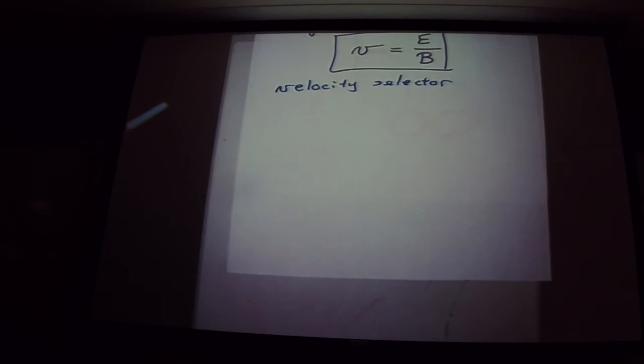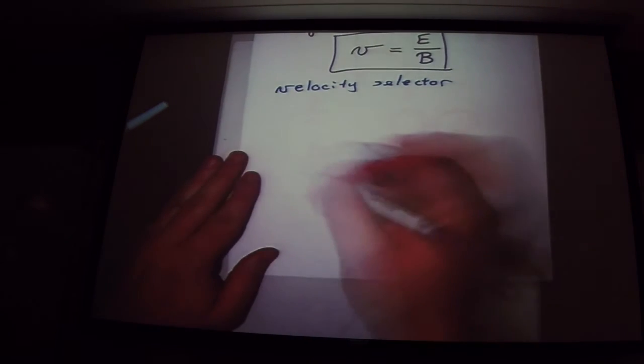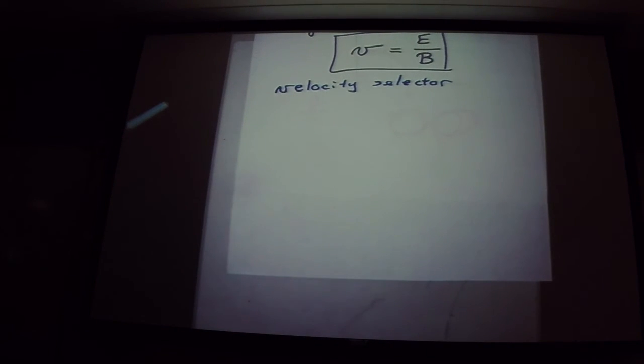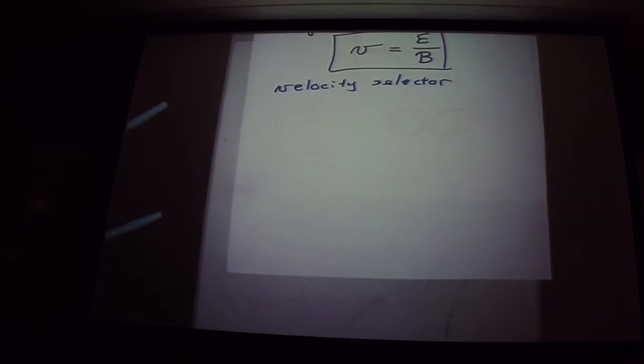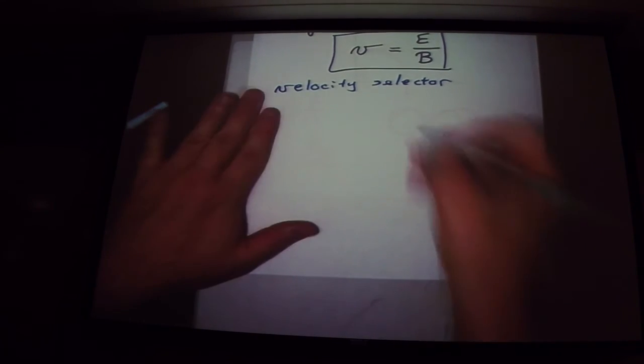Those of you who've done the laboratory where you have the beam and the magnetic field and you try to adjust the electric field to make it go straight across, in other words you're trying to make a velocity selector. But you can never get it to go straight across. And there's a reason why.